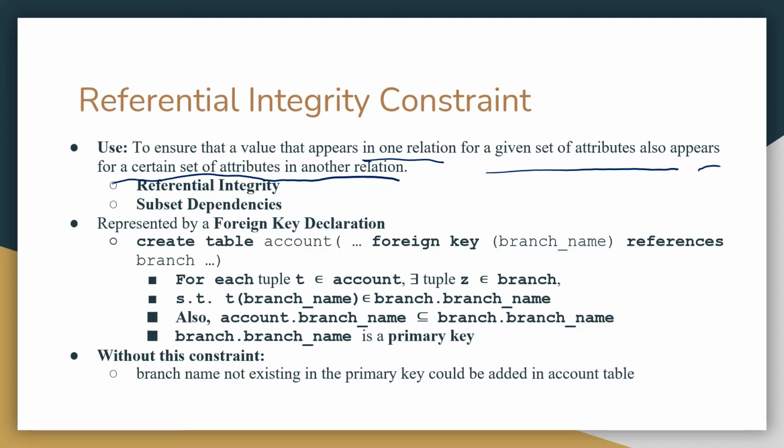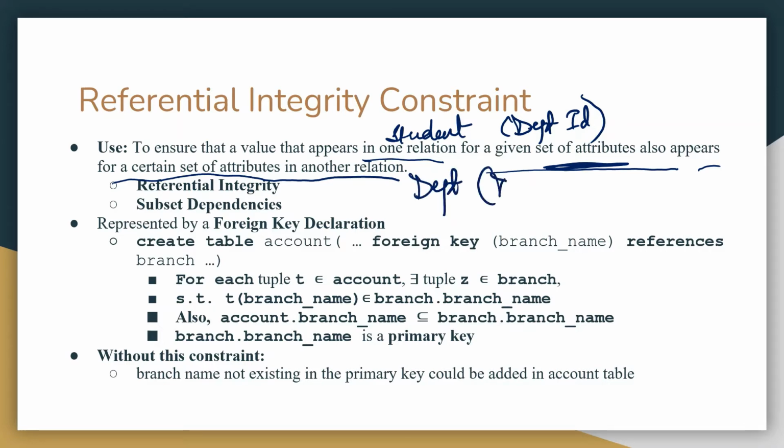So I hope you're able to refer back to this with the help of our example, that the value that appears in one relation, which is our student relation, for certain students, and that value was department ID, also appears for a certain set of attributes in another relation, which is the department relation, and we have department ID there.